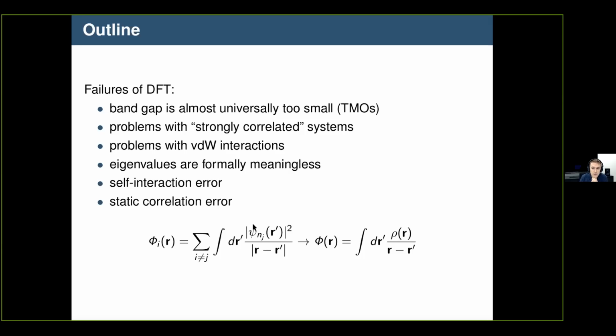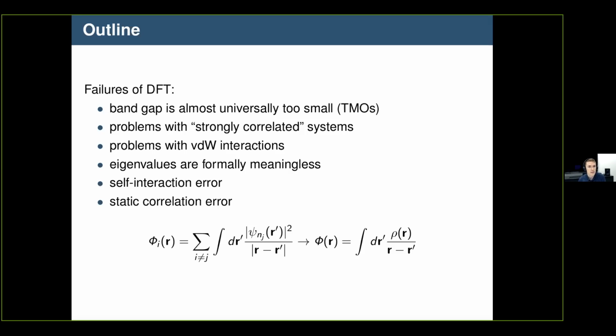That's excluded explicitly from the sum of the wave functions that are contributing to the potential that electron experiences. Whereas when we turn over and just talk about the total electronic density in the Hartree term, that electron now experiences repulsion from its own electronic density. And so this leads to some weird behavior.